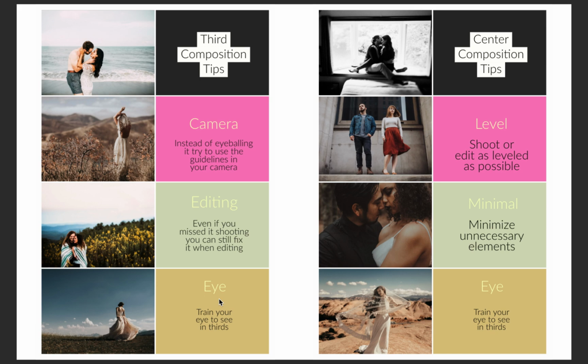Okay, so what I like to do is I will physically move myself until I like the way it looks better. And I know that's weird, but it's one way that I train my eye to see in the rule of thirds. But also, really, it's not really just training your eye to see in the rule of thirds.